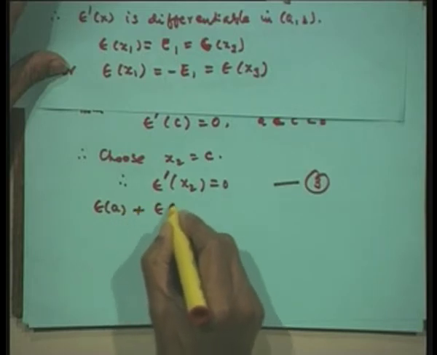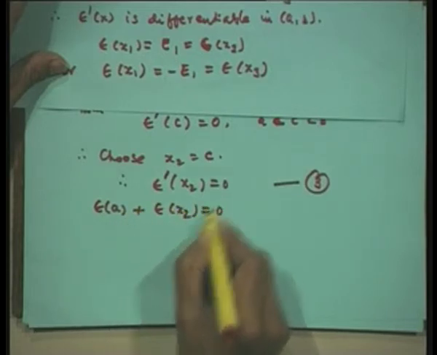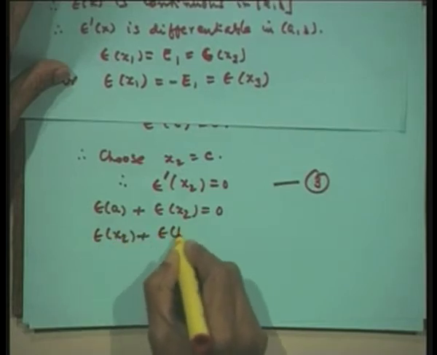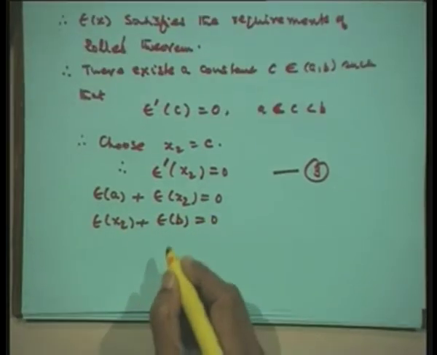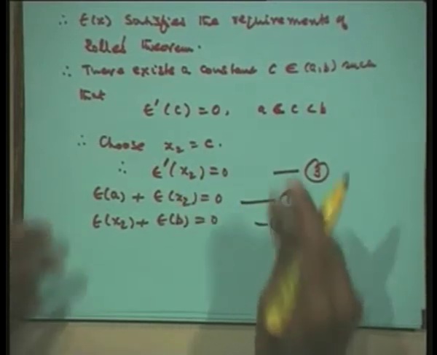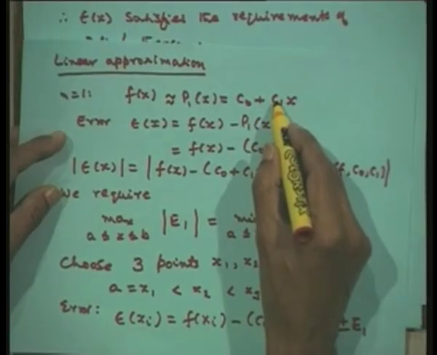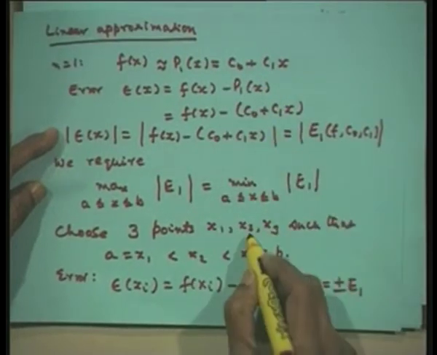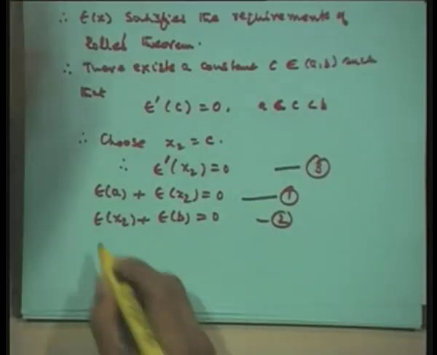Epsilon a plus epsilon x 2 is equal to 0, then epsilon x 2 plus epsilon b is equal to 0, and the third equation is here. Now, let us see the number of unknowns in our problem. We have to determine C 0 and C 1, and we have also to determine x 2. Therefore, we have 3 unknowns.